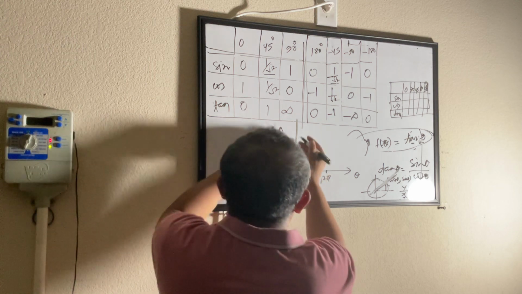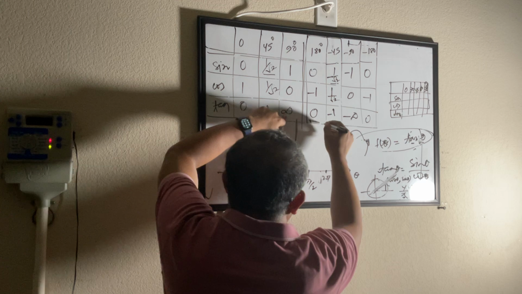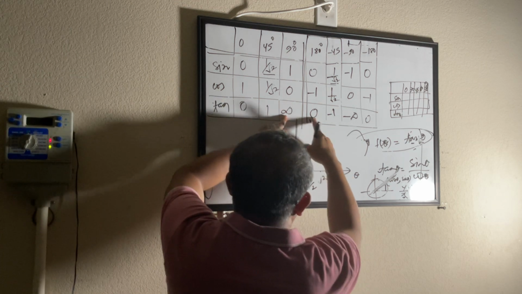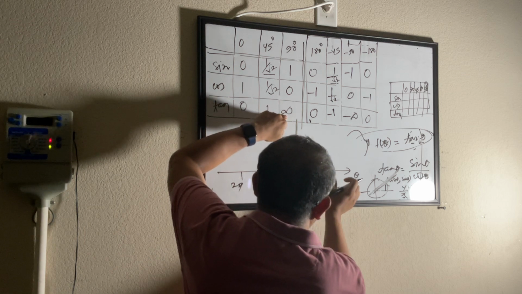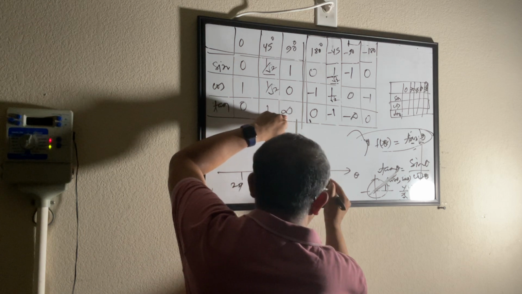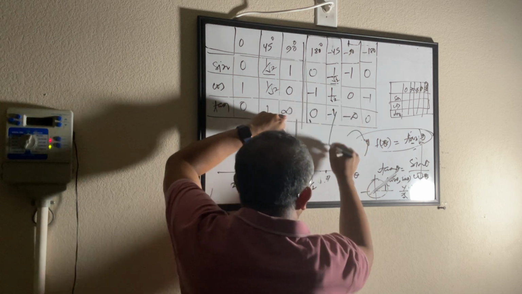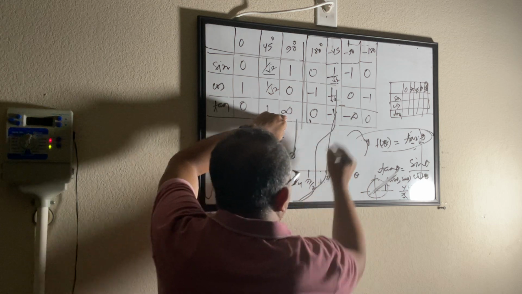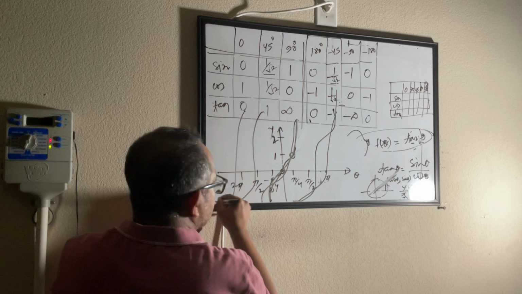And again, after 90, you will see that this whole thing, again pi, 180 is here, pi by 4, pi by 2, and this is pi. And so you will see that tan plots a graph like this.